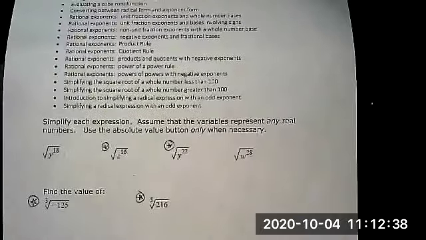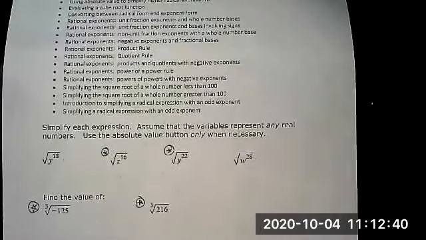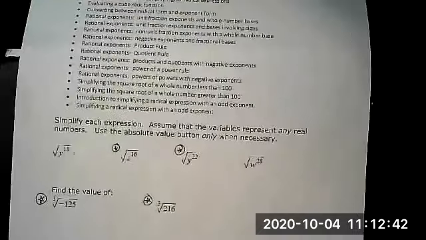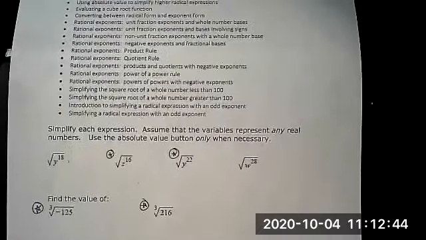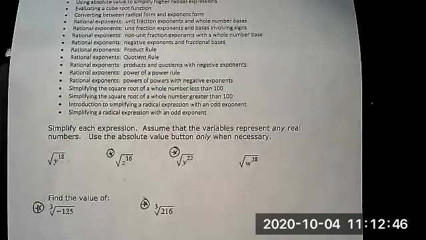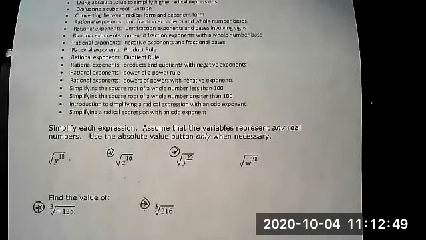Okay. All right. So simplify each expression. Assume that the variable represents any real numbers being the key here, because you will be moving into imaginary numbers soon. Use the absolute value button only when necessary.